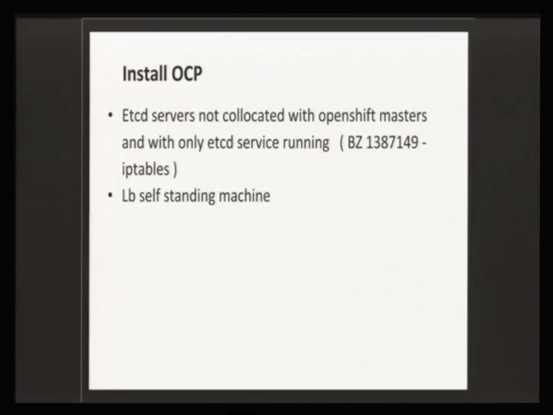But at the same time, that gives you flexibility. If they are together and you lose one machine, you are losing etcd and the master. If they are divided, then you have a bit more space to breathe.